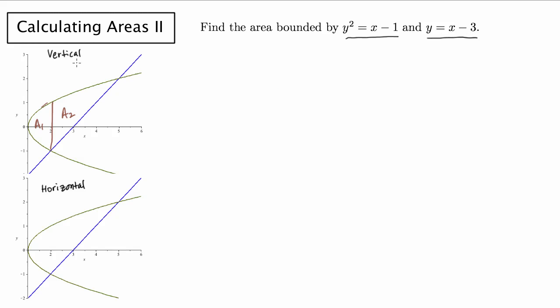Now if I'm integrating vertically, remember that things need to be in terms of x. So this is integration in terms of x. Given the functions we have, this is y equals x minus 3, so that's written in terms of x, but the green graph is currently written as a function of y because of the y squared.